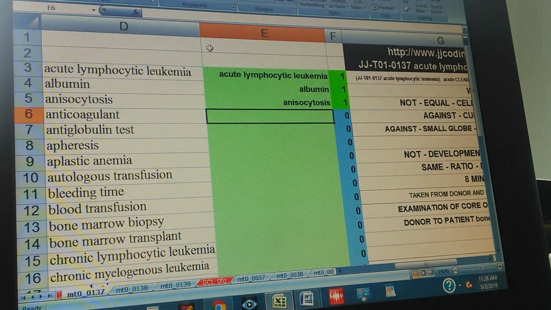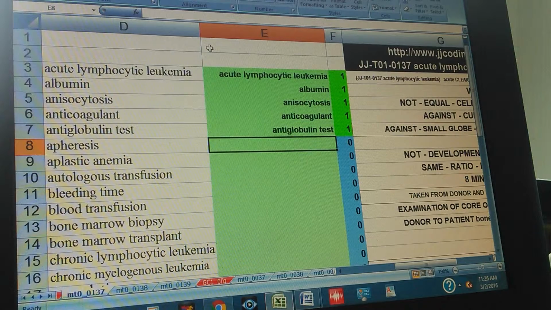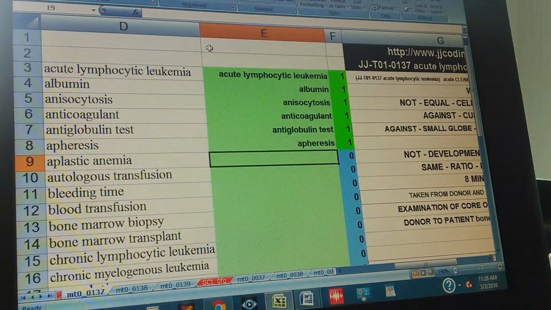Anisocytosis. Anticoagulant. Antiglobulin test. Apheresis. Aplastic anemia.